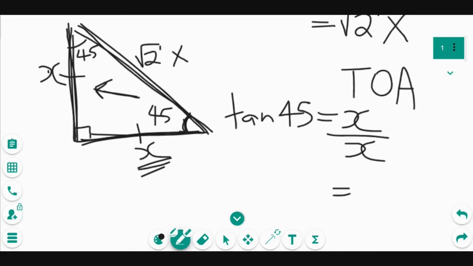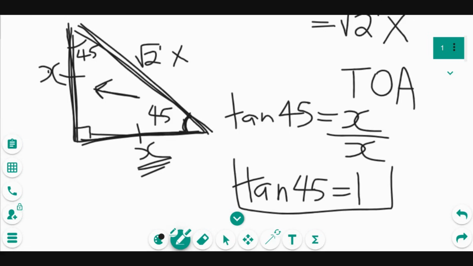It's like saying 5 divided by 5. You get 1 out of 1. So x divided by x, you get 1 out of 1, which is simply 1. And that is a confirmation that the tangent of 45 is 1. Okay, so proven.